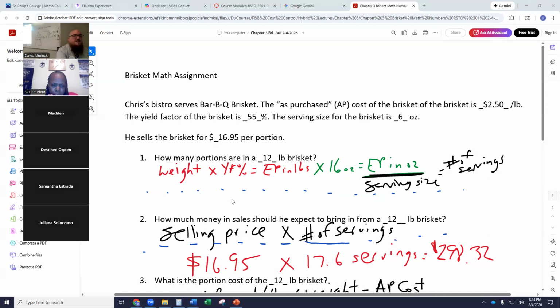So this one I forgot to put my numbers in, so I'm going to go ahead and do this. We have a 12-pound brisket. That's our weight, 12 pounds. It comes from the question. Our yield factor is 55%, so we're multiplying by 55%.